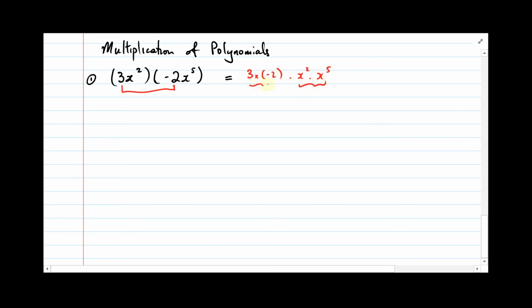Recall that we get -6, the usual multiplication of numbers, and the powers add from our rules of exponents, so x to the 7. At this stage, I'd expect that you can move directly from the question to the answer.